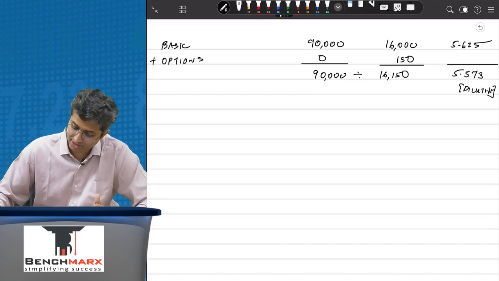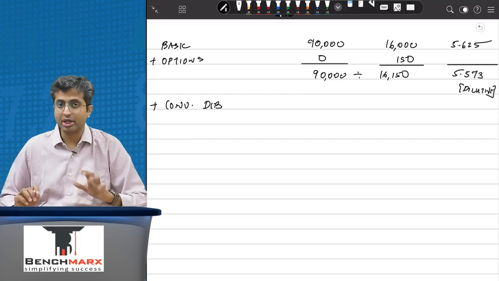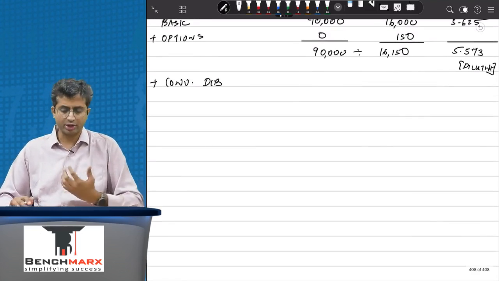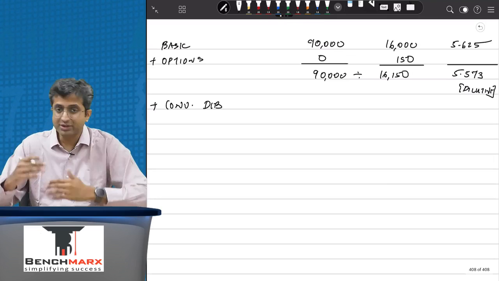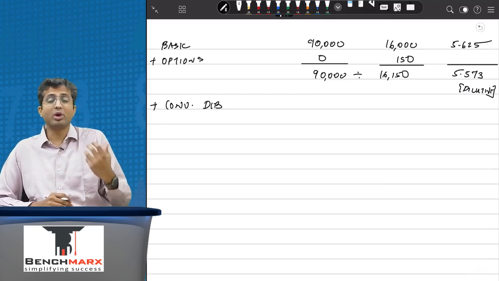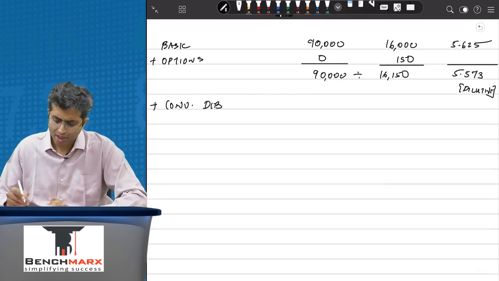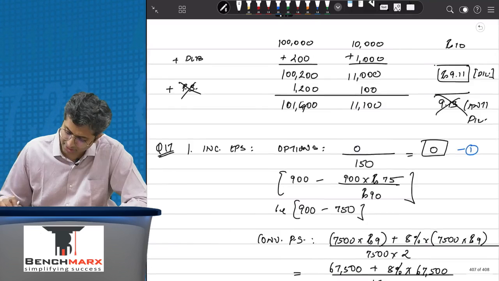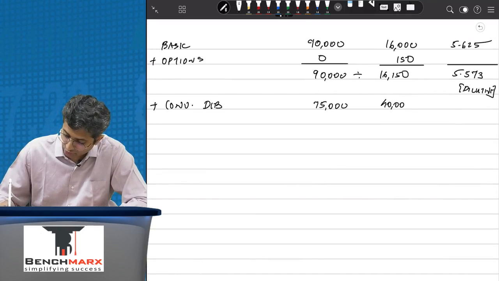And hence we can go a step further, where you will now take convertible debentures. Remember the order is important. We have determined the order based on the ranking, because if you swap the order, it might happen that one security which you were counting to be dilutive is actually anti-dilutive, or vice versa. So over here on convertible debentures, ultimately the interest saving is 75,000. That's a big saving, but then you are going to add 40,000 to the pool of shares.